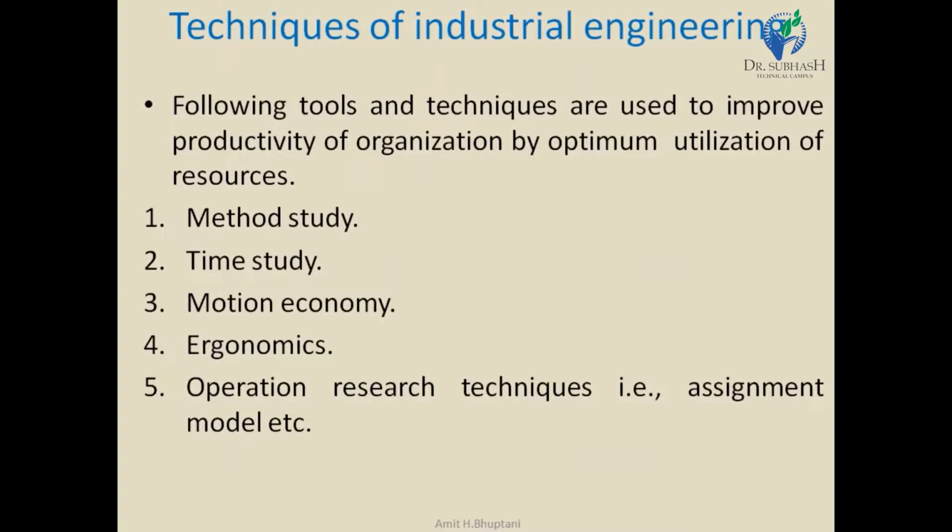Now, techniques of industrial engineering. There are various techniques, which we will study later on, which are used by organizations to improve their productivity. The first one is method study.